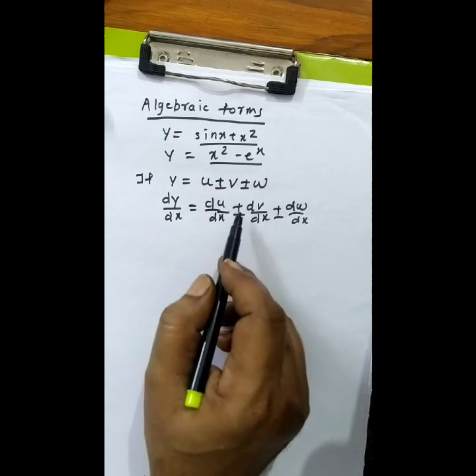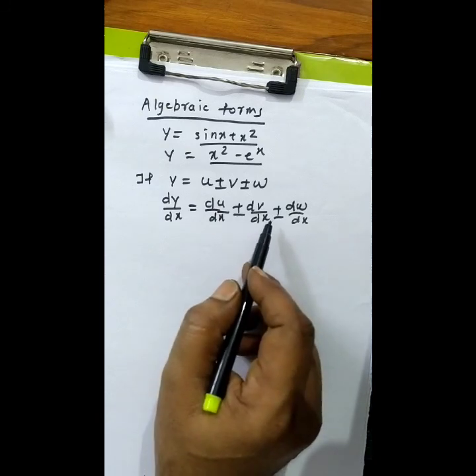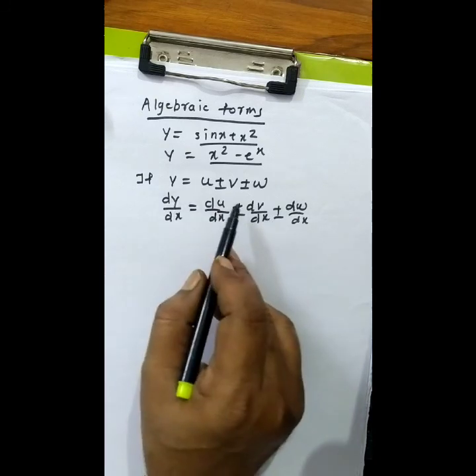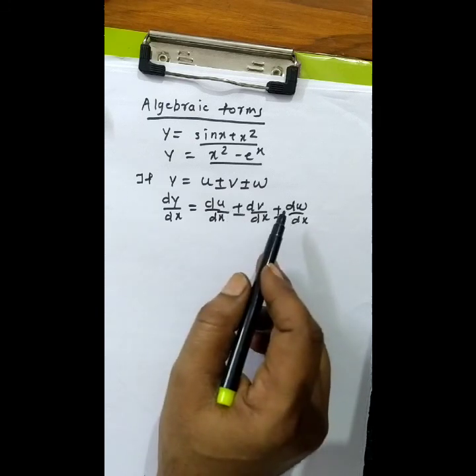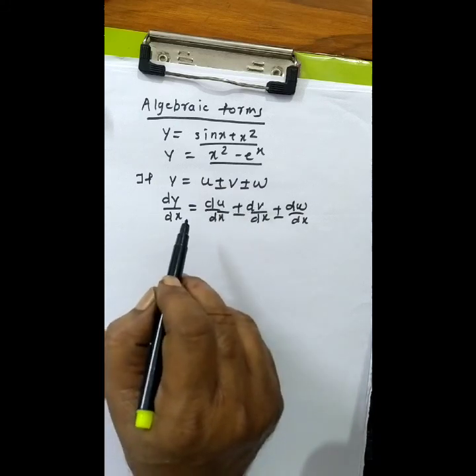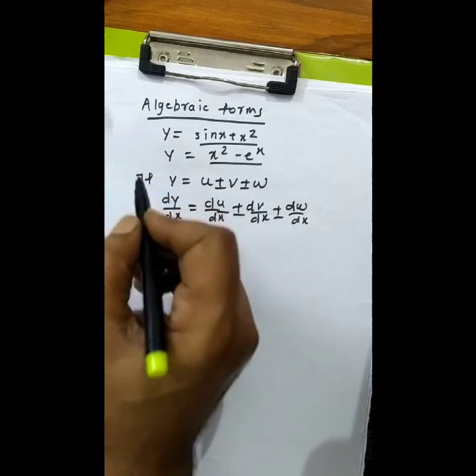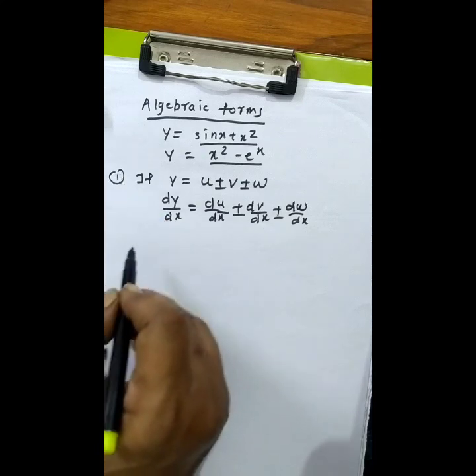Means if it is plus, you have to take plus. If it is minus, you have to take minus. And this plus or minus you have to keep separately and write the derivative of all functions individually one by one. This is called the u plus v formula, the general formula. So this is your first algebraic form.